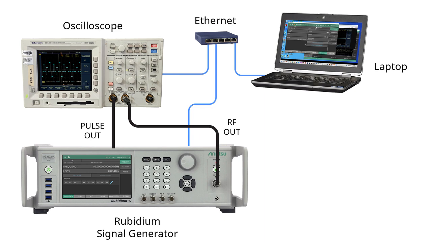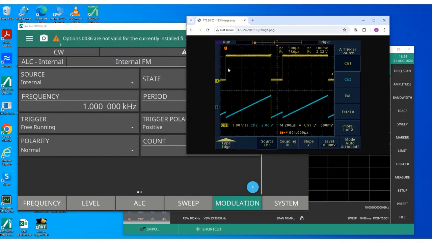So what I will do is I will replace the baseband ramp input that I had fed into the oscilloscope with the RF output. And then you should see the CHIRP in the place of ramp.